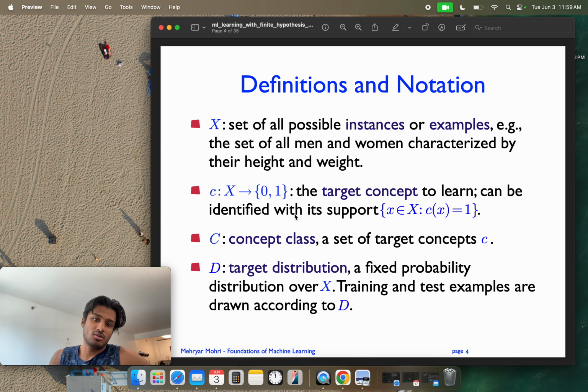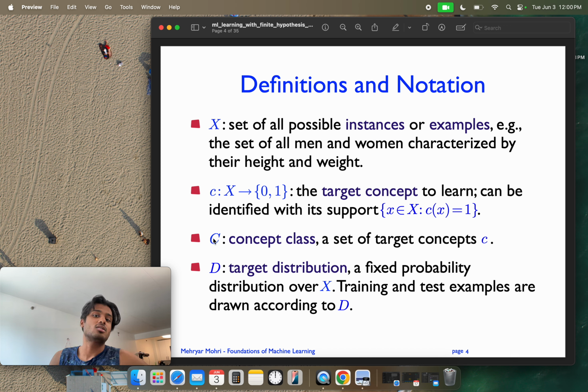Because it only goes to 0 and 1, if I give you the set for which c of x is 1, by definition all the other x's have c of x equal to 0. So you only need to know where this function is 1, otherwise it's 0. So we just need the support. c is just a function, the target concept that we need to learn.